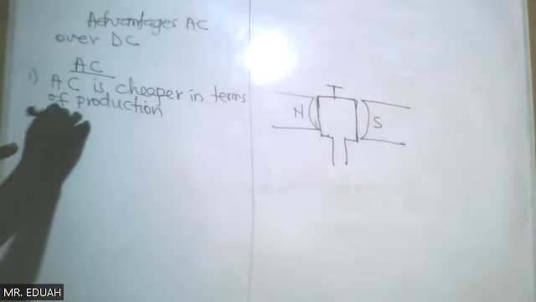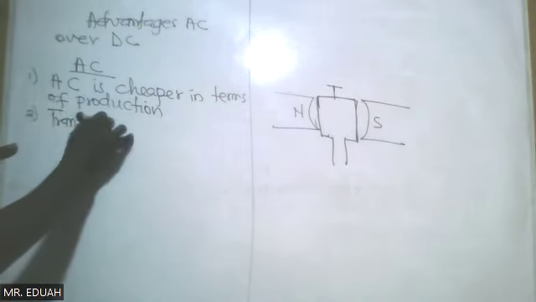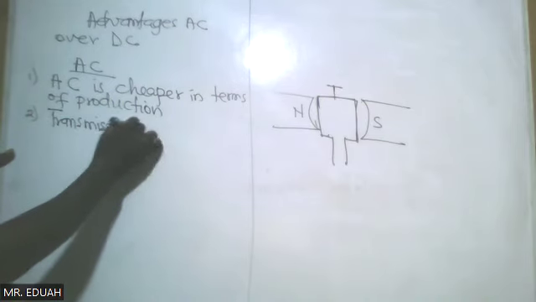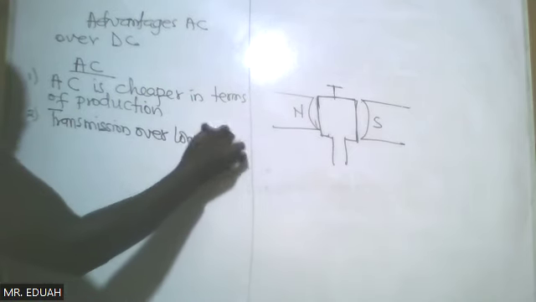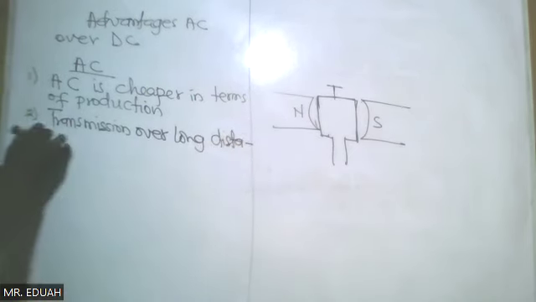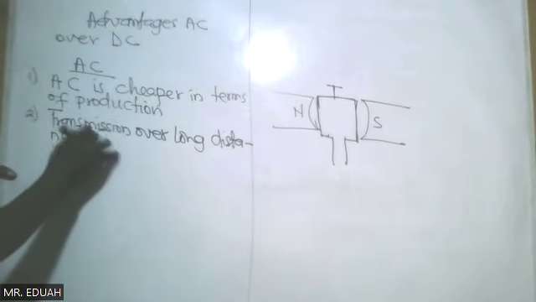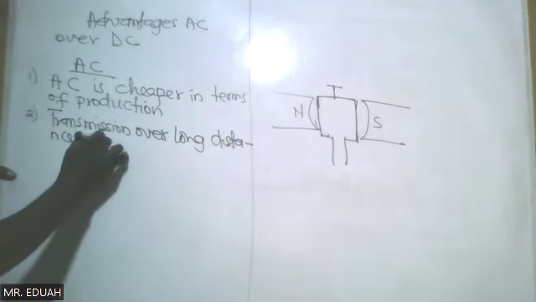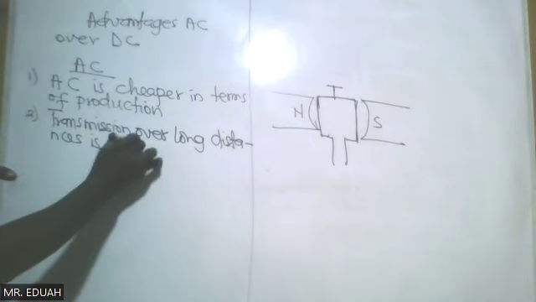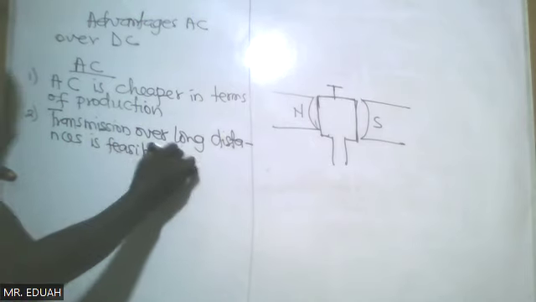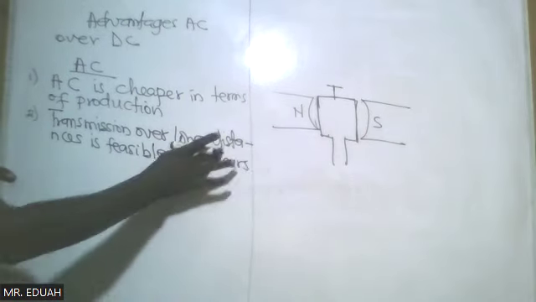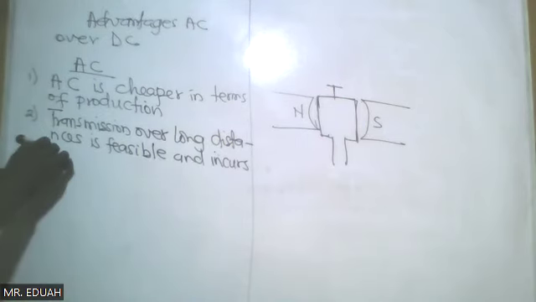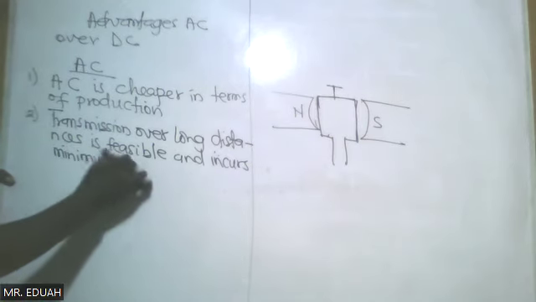Transmission of AC over long distances is feasible and incurs minimum losses.